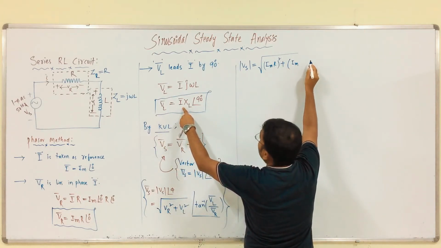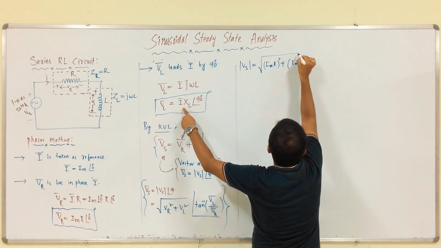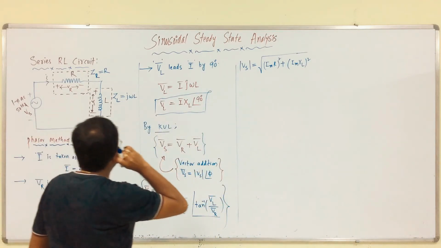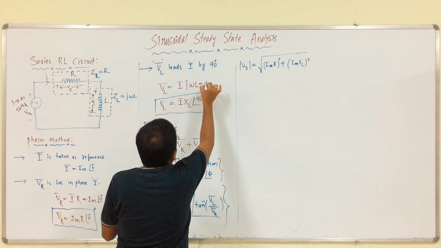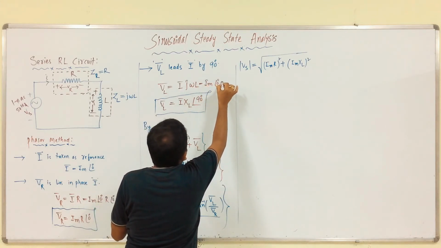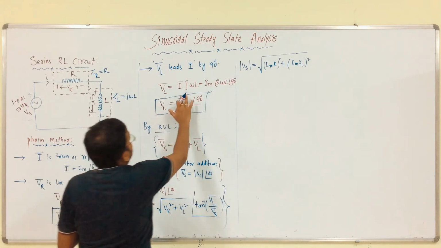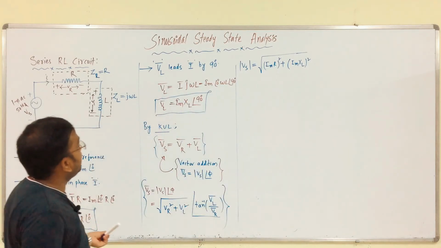Im into XL, right? We can write, okay, no problem, which is nothing but Im at an angle 0, omega L at an angle 90. Clear? We should write Im XL at an angle 90. Clear?